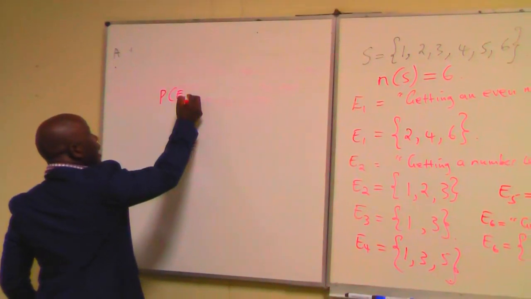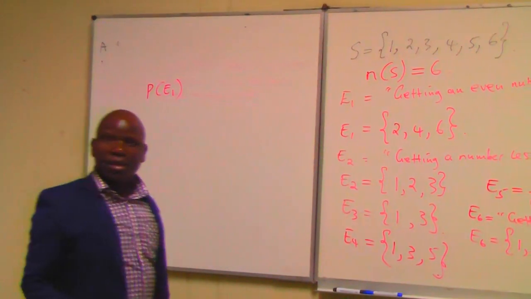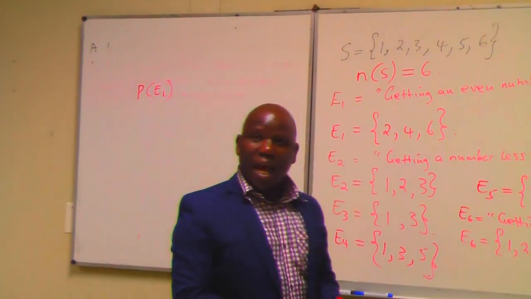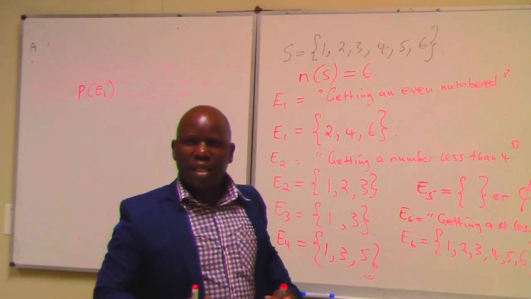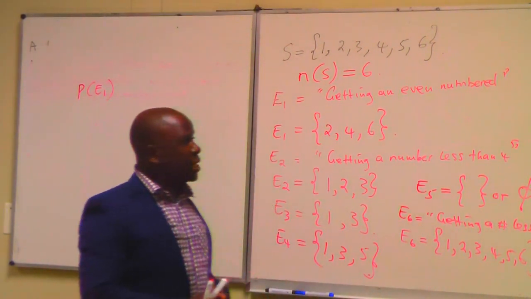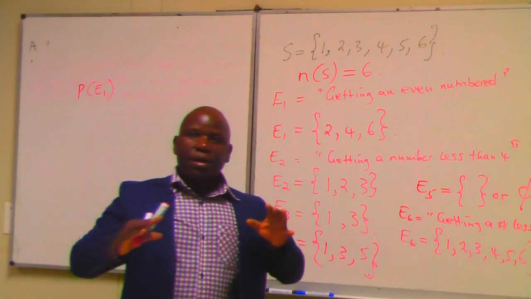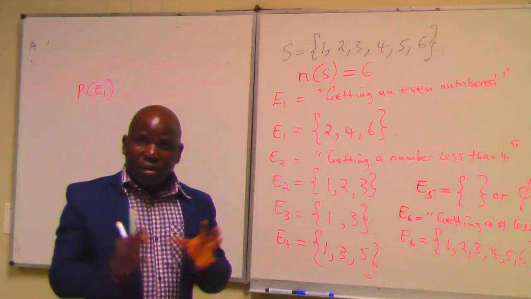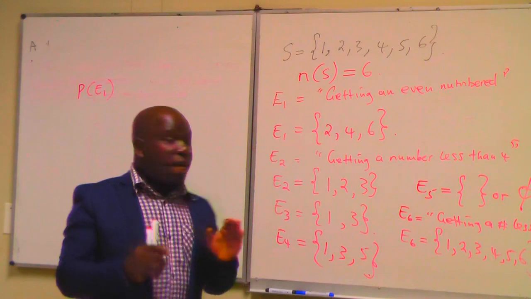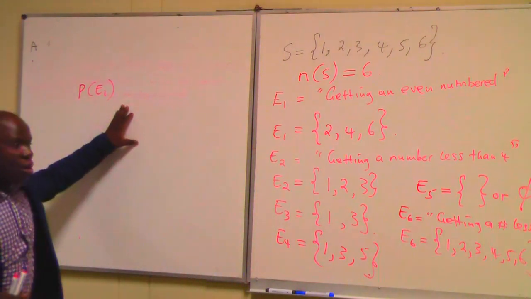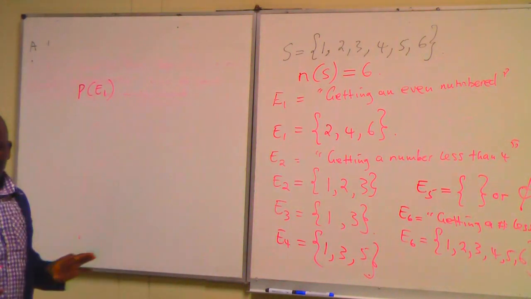You see, the events are equally likely, and for equally likely events, we calculate the probability as the total for E1 over the total sample space.